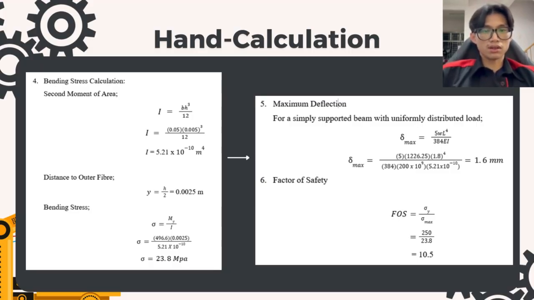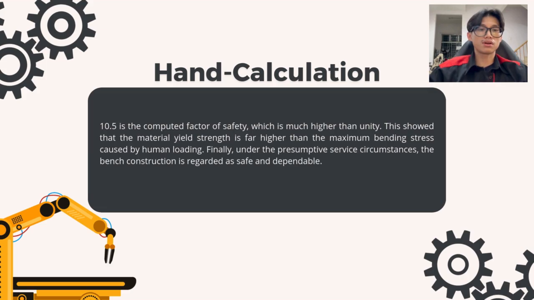And the last one, the factor of safety is equal to yield strength over maximum bending stress, which is 10.5. So, for the conclusion of the hand calculation, the 10.5 is the computed factor of safety, which is much higher than unity.